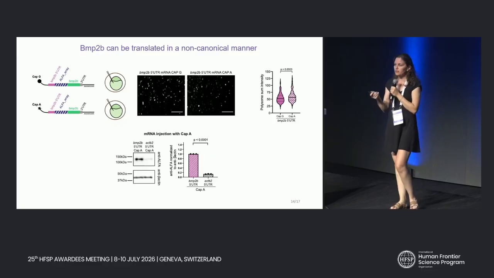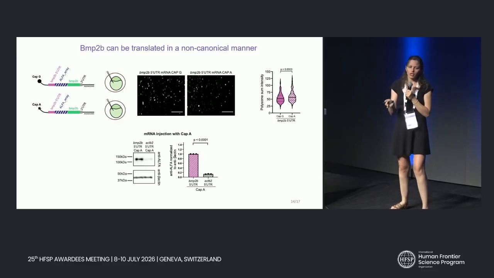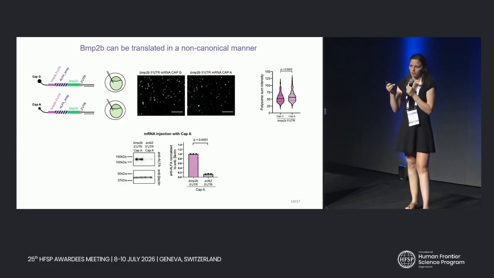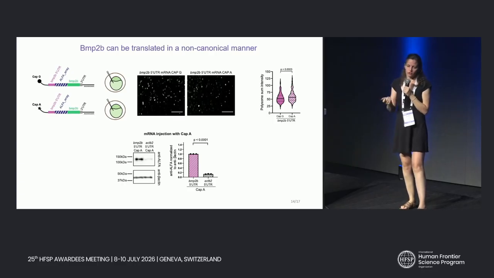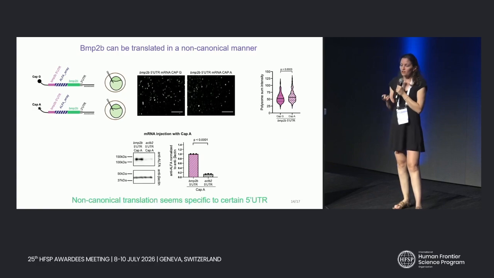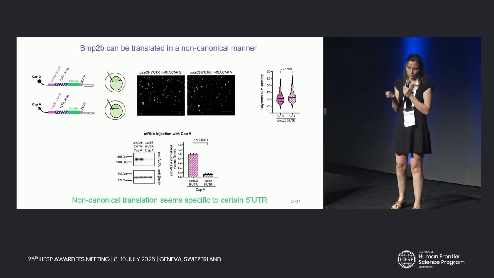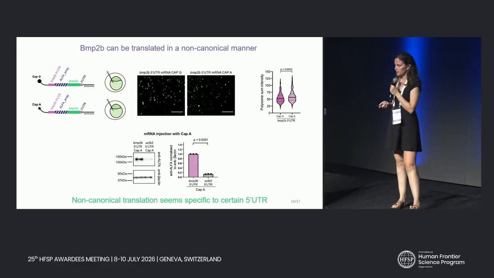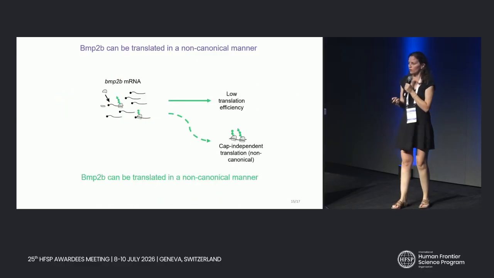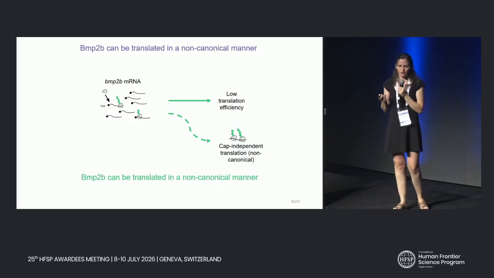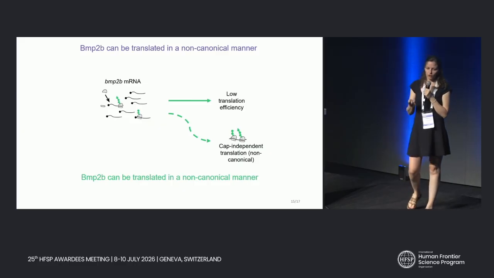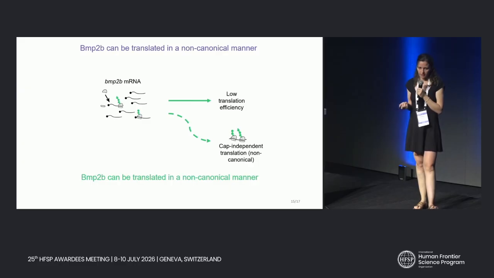And this seems to be UTR specific, because if we change the UTR of BMP2B with the UTR of a housekeeping gene, actin, this time we abolish the translation of our reporter. So this means there is a non-canonical translation that seems to be specific to some 5' UTRs, in this case BMP2B. So what I show is that BMP can be translated in a non-canonical manner, cap independent.